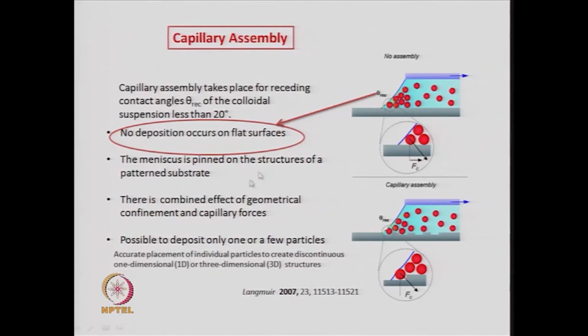So, in this case you have a combined effect of geometrical confinement, because you are confining these particles within this geometry. You have these structures that you have made. So, there is a confinement effect as well as capillary action, the capillary forces are acting, and you are getting this assembly.